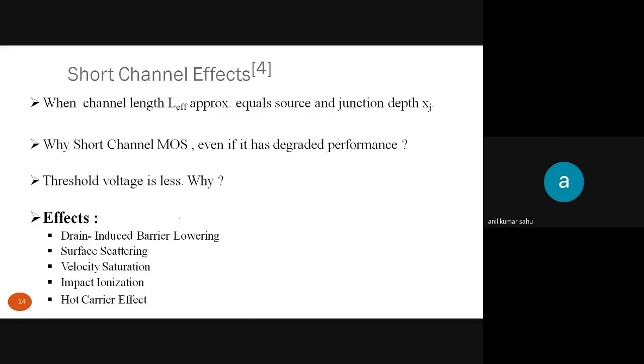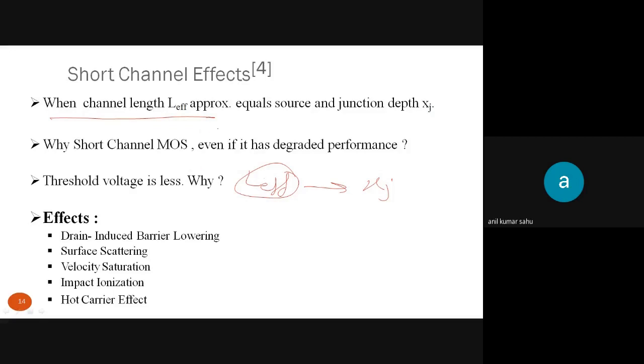Short channel effect means that when the channel length, that is, as we reduce the device, the reduced or effective channel length becomes equal to the source and drain junction depth, what happens?